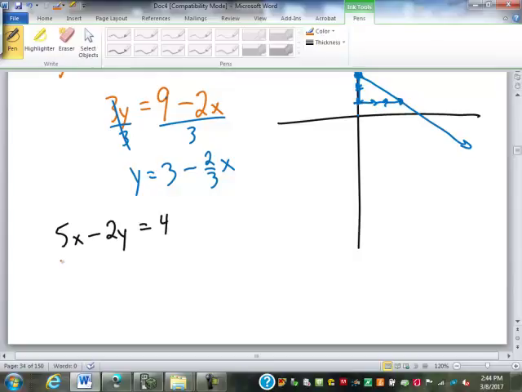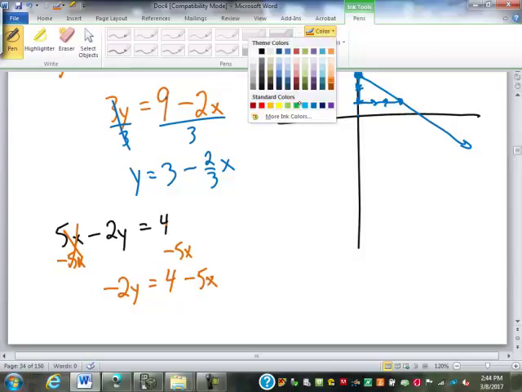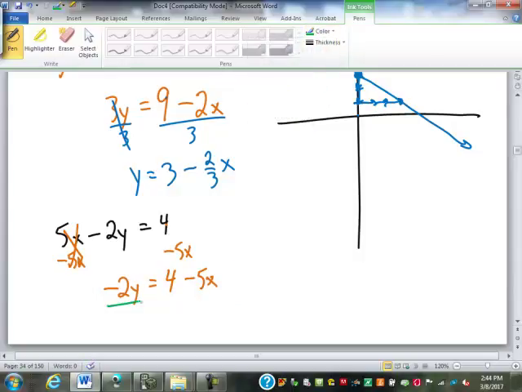To solve this, we have to subtract the 5x. So we've got a negative 2y. 4 minus 5x is going to be 4 minus 5x. And then what? Divide by negative 2.